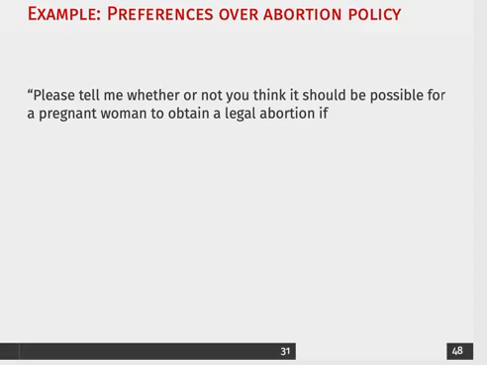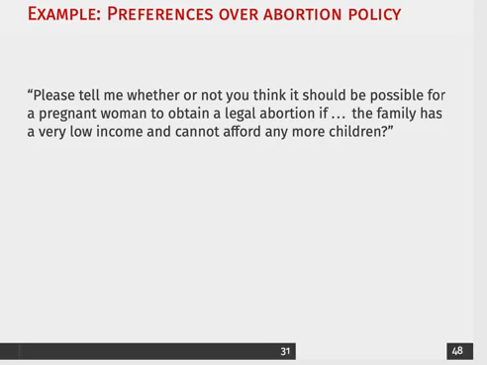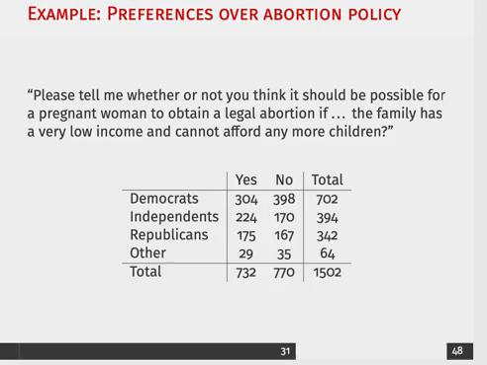Maybe this is individuals' preferences over abortion, and we're getting this information from some sort of survey where the question is asking individuals, please tell me whether or not you think it should be possible for a pregnant woman to obtain a legal abortion if the family has a very low income and can't afford any more children.